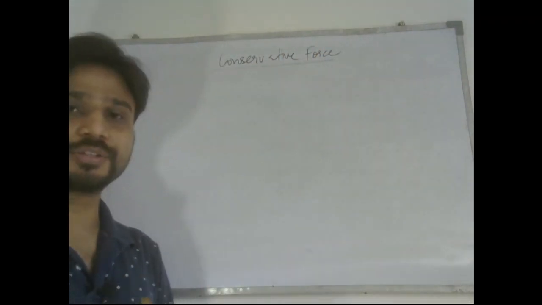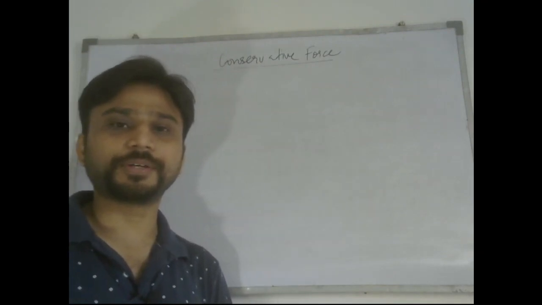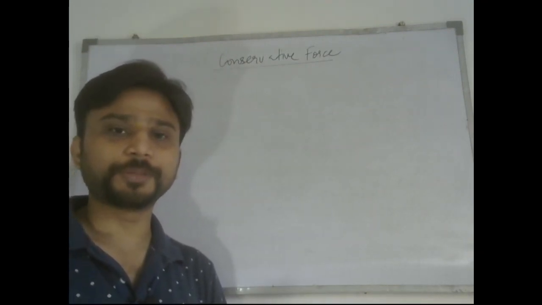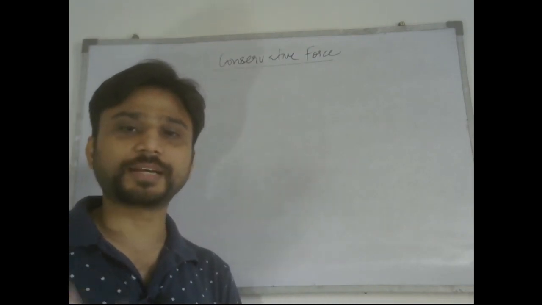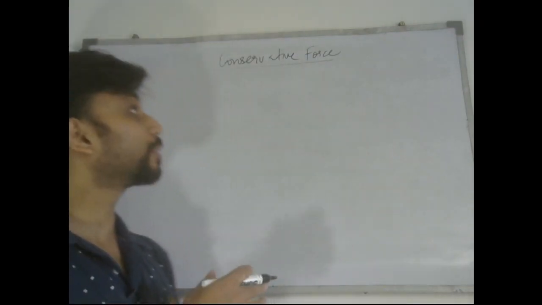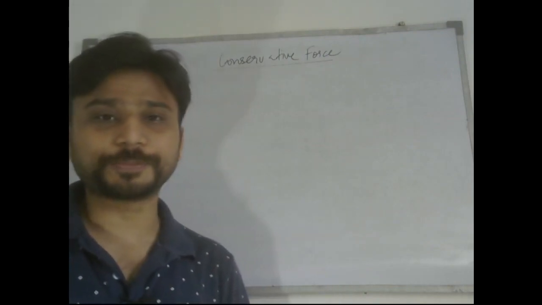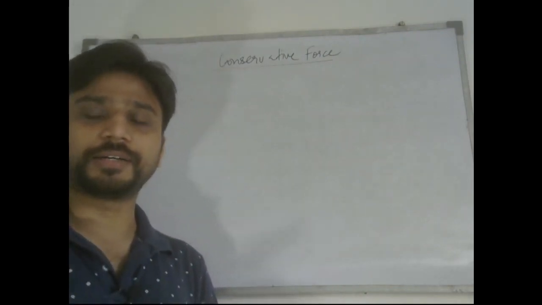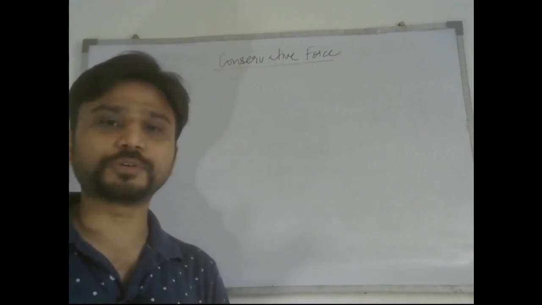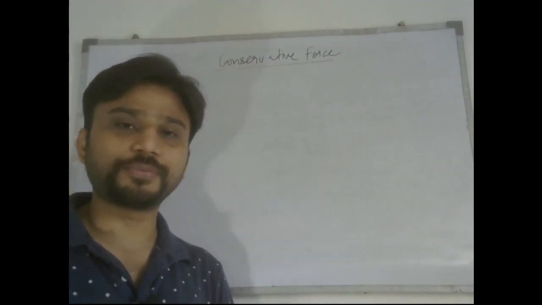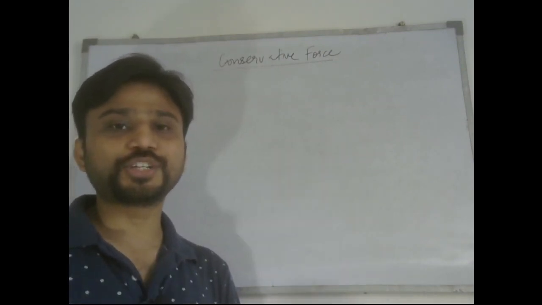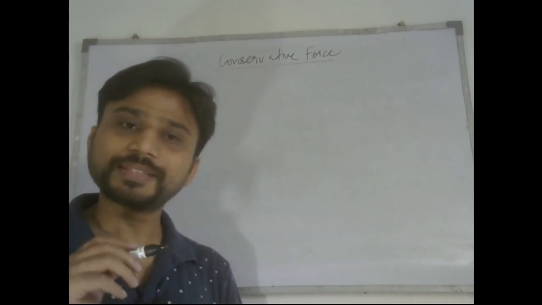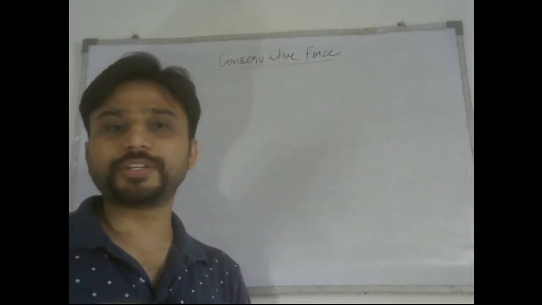So what is the characteristic of a conservative force? By characteristic we mean that when some particular things are happening in a situation, we say this is the domain of conservative forces. One point where conservative forces are usually found is when the work done by a force depends only on the initial and final points of motion and is independent of the path taken between them.